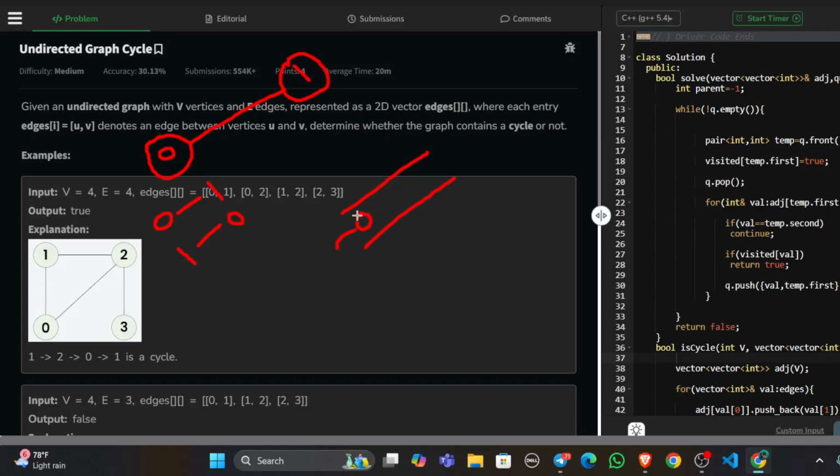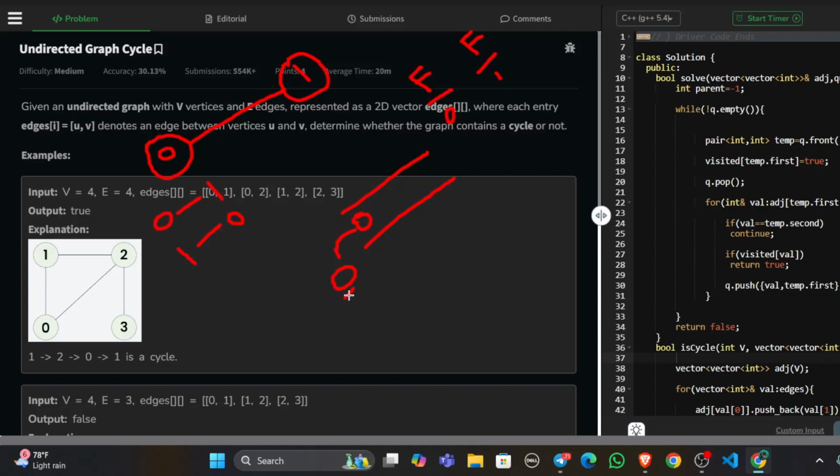Now we need to push these and count them, and zero and one are marked as false.